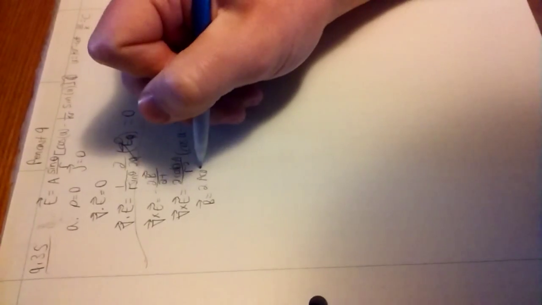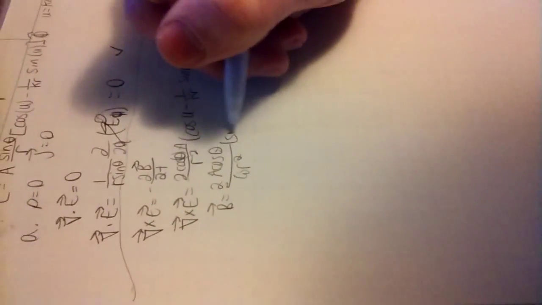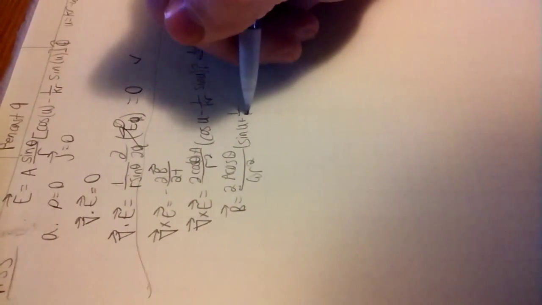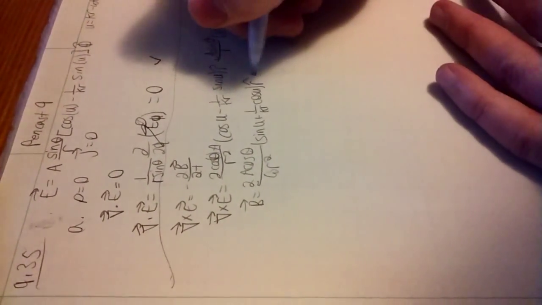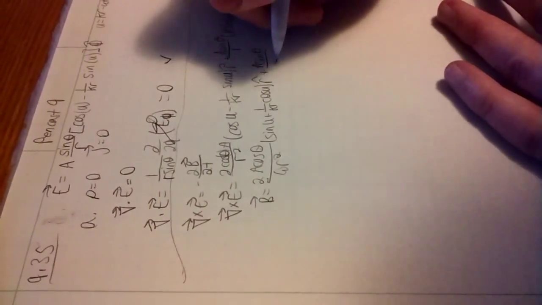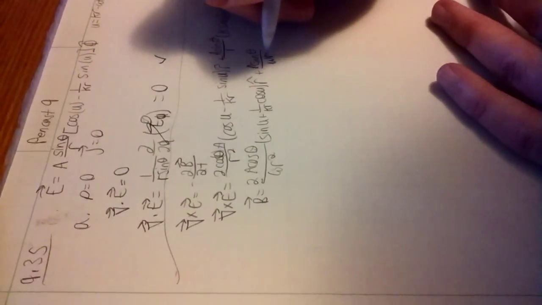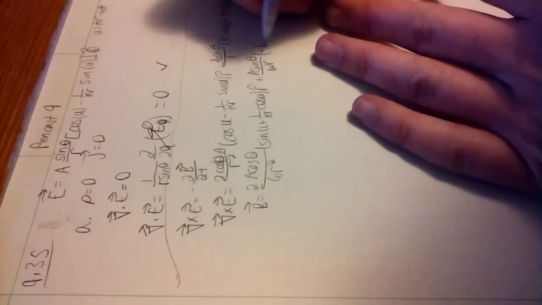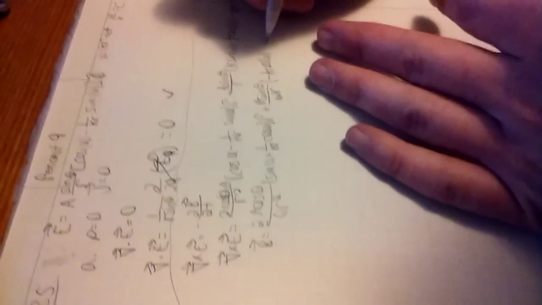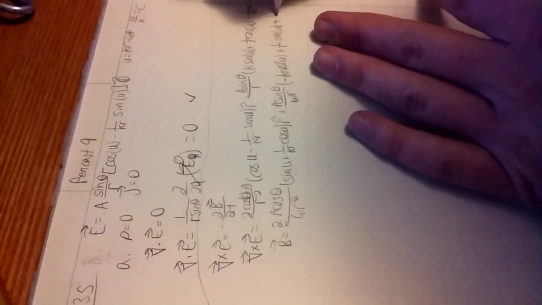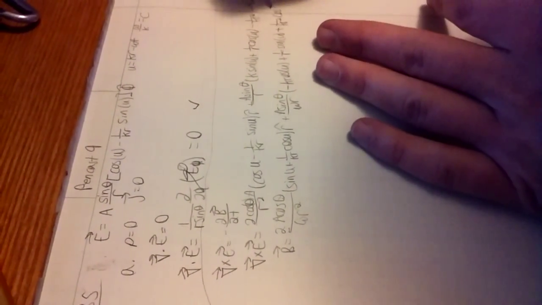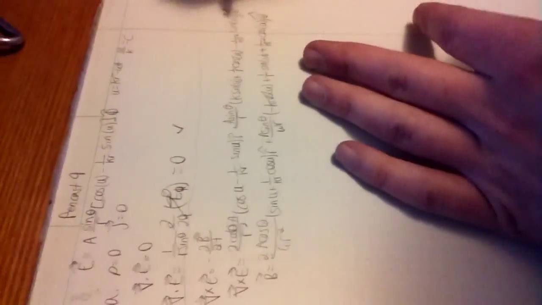So B should look like 2A cosine theta over omega r squared, sine of u plus 1 over kr cosine of u, in the r hat direction, plus A sine theta over omega r, negative k cosine u plus 1 over r sine u plus 1 over k r squared cosine u, in the theta hat direction.